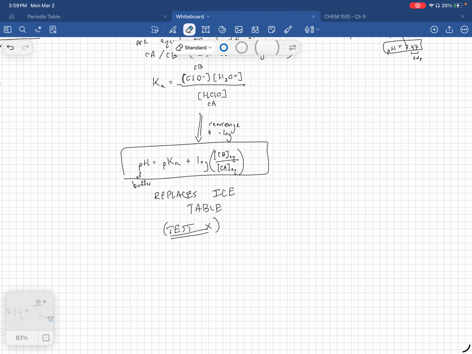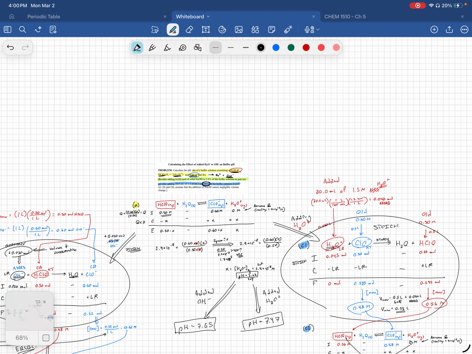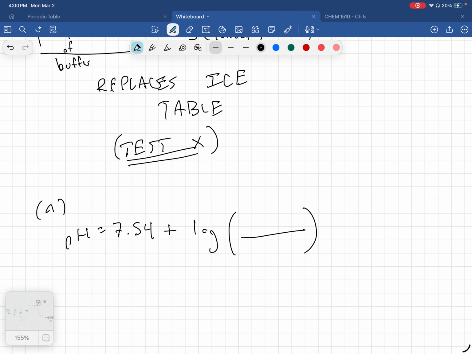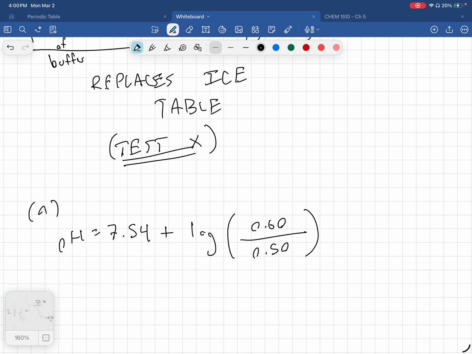For our initial solution, part A, pH equals the pKa, which is negative log of 2.9 times 10 to the negative 8, so that's 7.54, plus the log of our conjugate base concentration, 0.60, over our acid, 0.50. The log of 0.6 divided by 0.5 is 0.079. So 7.54 plus that answer gives 7.62 for our initial pH of the buffer.